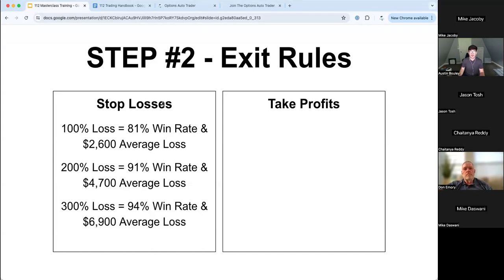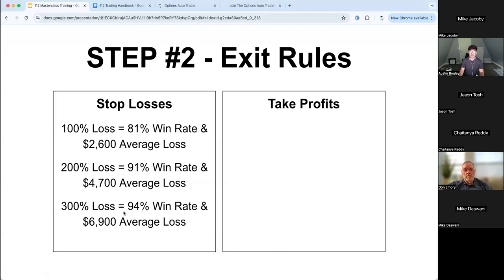All right, next and final for the stop loss options is 300%. This again gives you a lot of room for the trade to move. With that, we're looking at a 94% win rate, which really bumps up our win rate. But we're also increasing our losses to about $6,900 per trade.